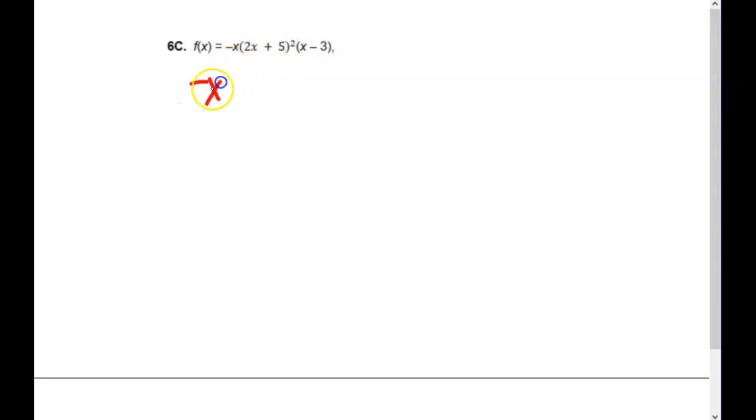Okay, it has a negative x, but the leading coefficient here, this is a 2x that is squared. And then on the back, there's an x. This is called the leading coefficient test because I'm only looking at the x's, okay? How many x's am I going to have? An x squared, and an x is a total of degree 4.